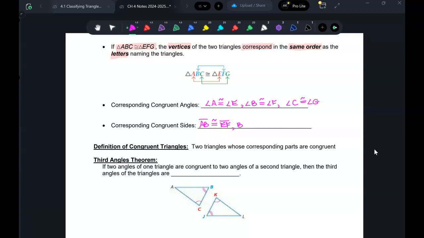We have BC. So I'm just looking at the order of the letters. AB are the first two letters, so it has to match EF, which are the first two letters. BC are the second two letters. And then AC has to be congruent too.